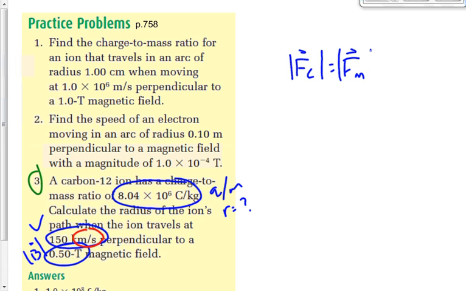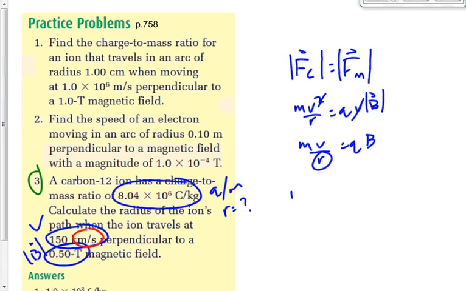That's all you really have to remember. You don't even have to remember that, just picture it, and you should be able to get that. That gives us mv squared over r equals qvB. The v's cancel. So mv over r equals qB. Now we want to rearrange to solve for r.